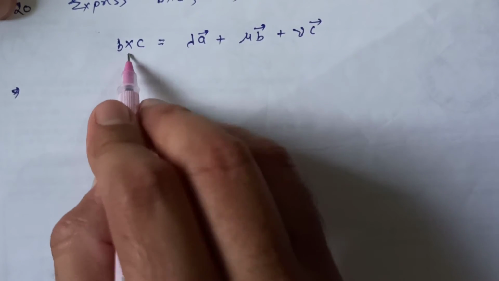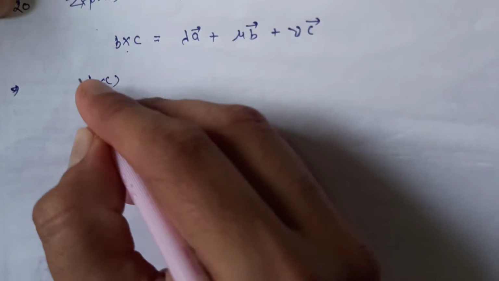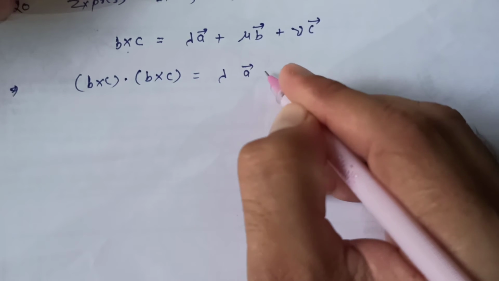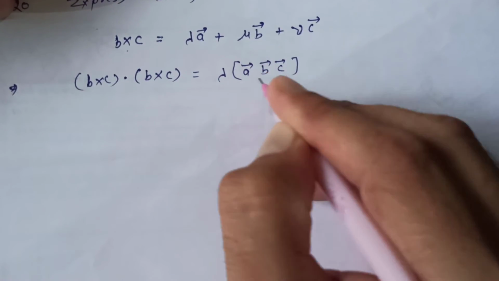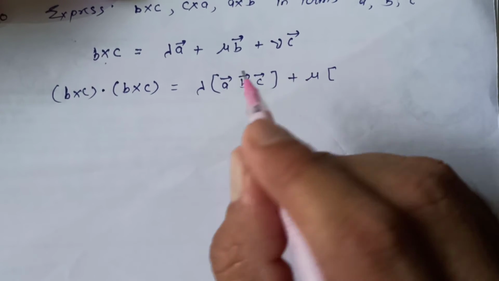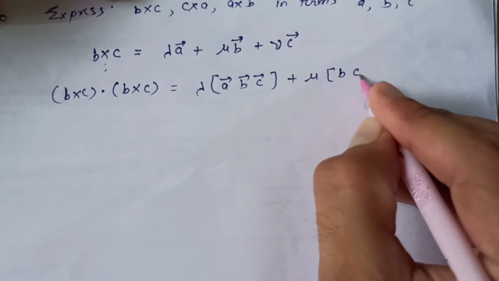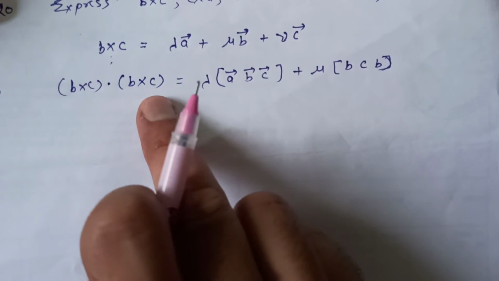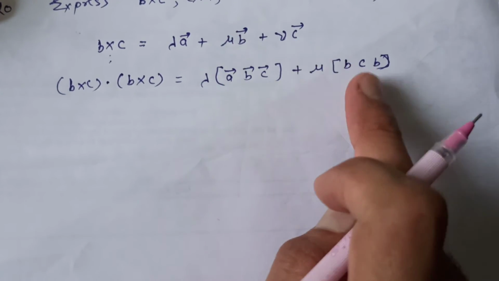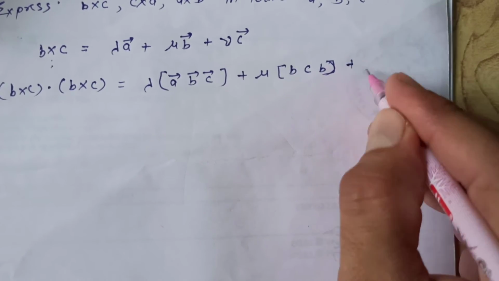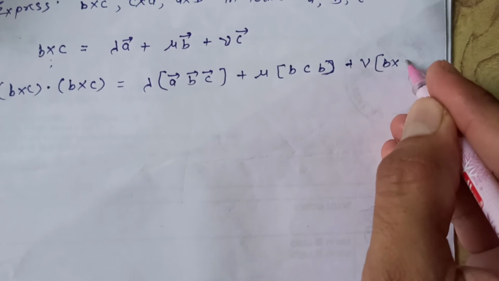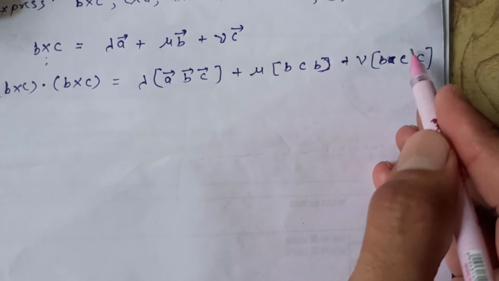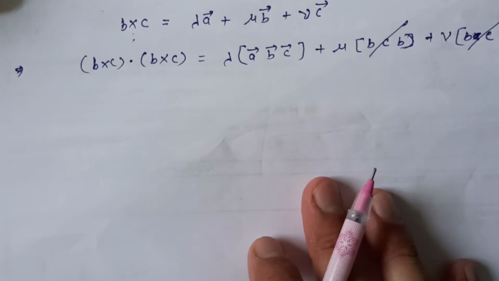Let us scalarly multiply this identity by B cross C, that is lambda times of A dot B cross C, that is scalar triple product of A, B, C, plus mu times of B cross C dot B, that is scalar triple product of B, C, B, and lastly nu times of B cross C dot C, that is scalar triple product of B, C, C. Two identical vectors, these scalar triple products are 0.